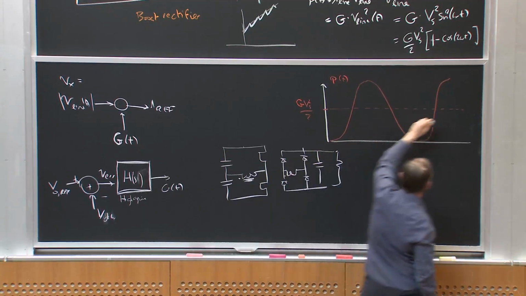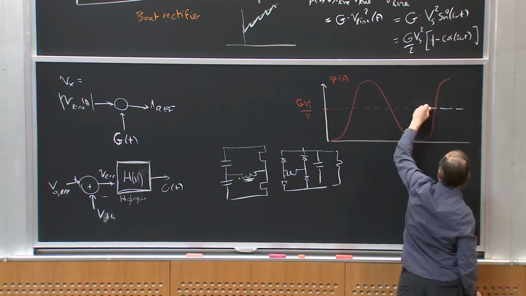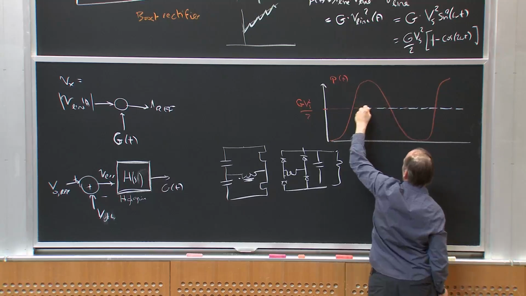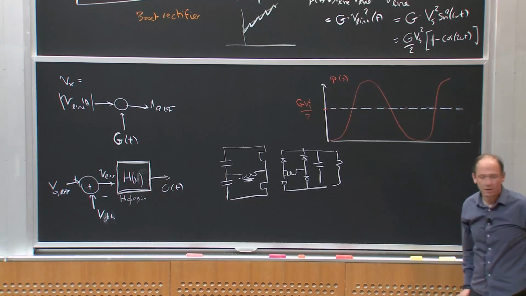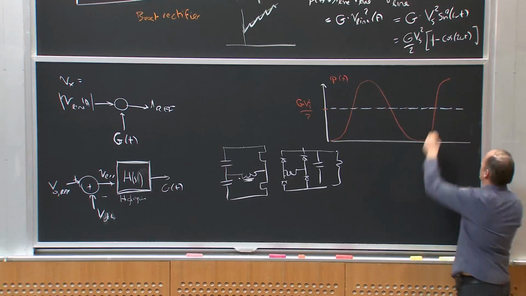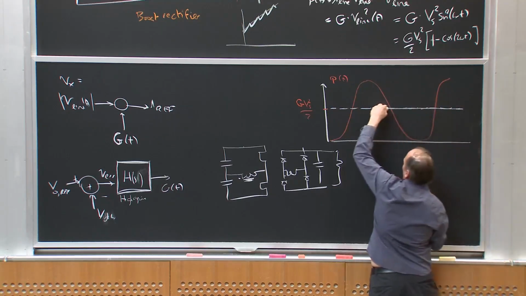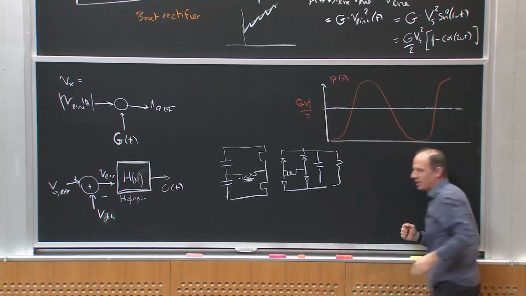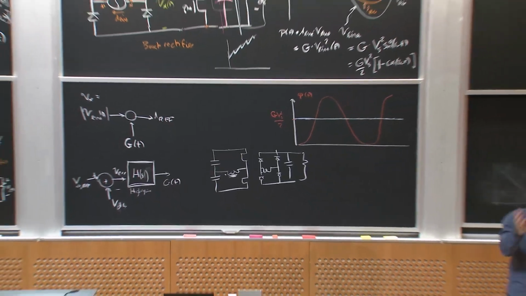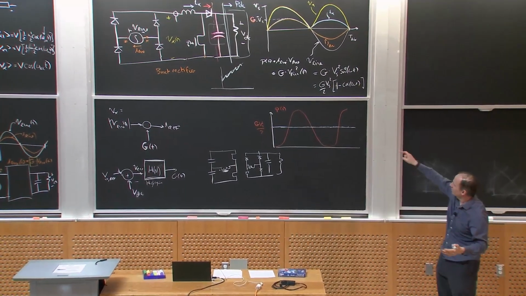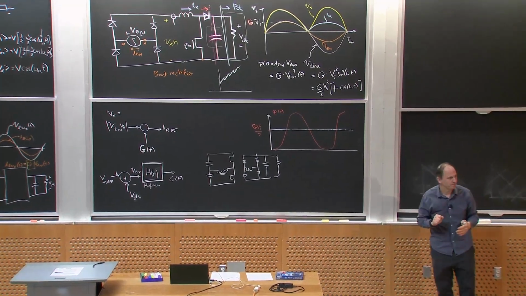It basically wants to look like this, right? That's what I'm controlling, I'm controlling the average power going to the load right here. So what about the difference between the instantaneous power and the average power? Where is that being stored? Right? Conservation of energy: it's flowing in one place and flowing out the other, right? If they're not equal, it's got to be stored somewhere. And precisely where it's stored is in that capacitor.